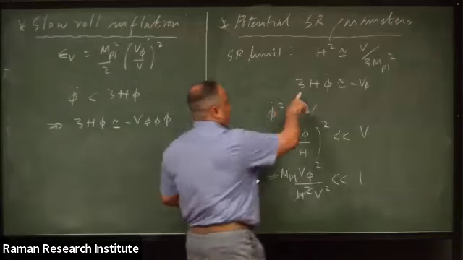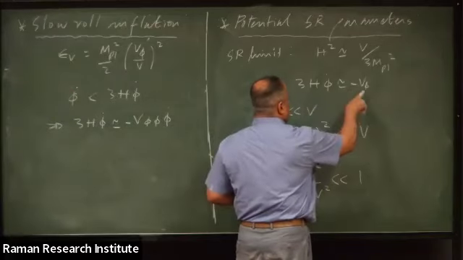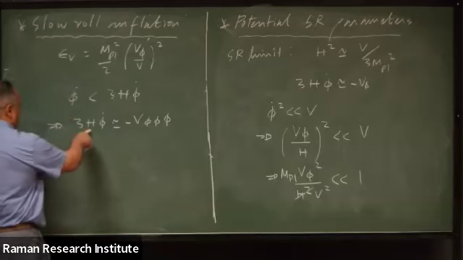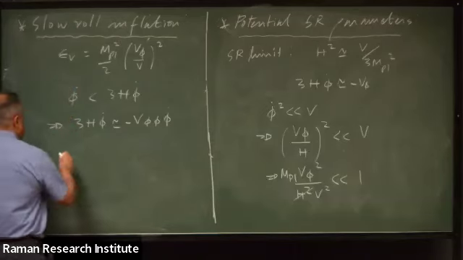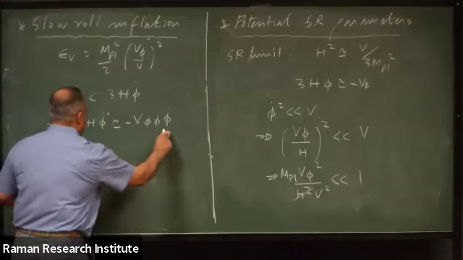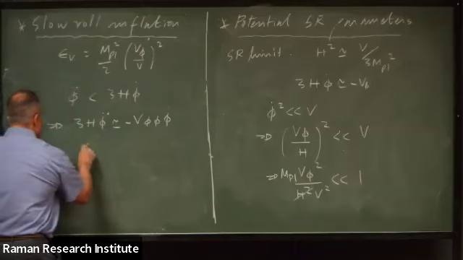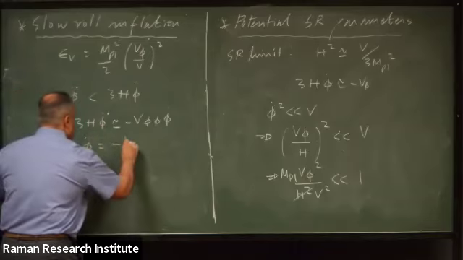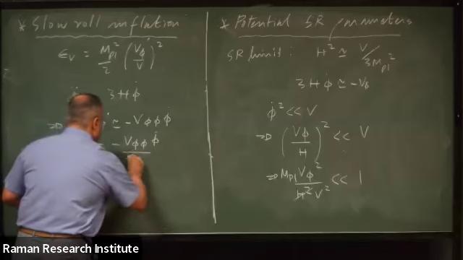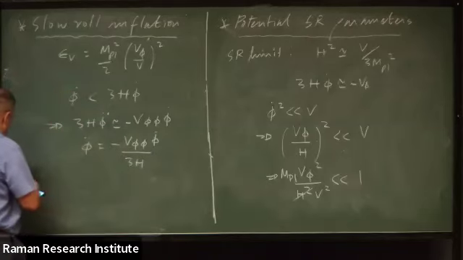I take another derivative, assume H to be a constant, and I get V phi dot. I don't bother about differentiation with respect to this. So I get 3H phi double dot is V phi double dot. Therefore, phi double dot is minus V phi dot divided by 3H.